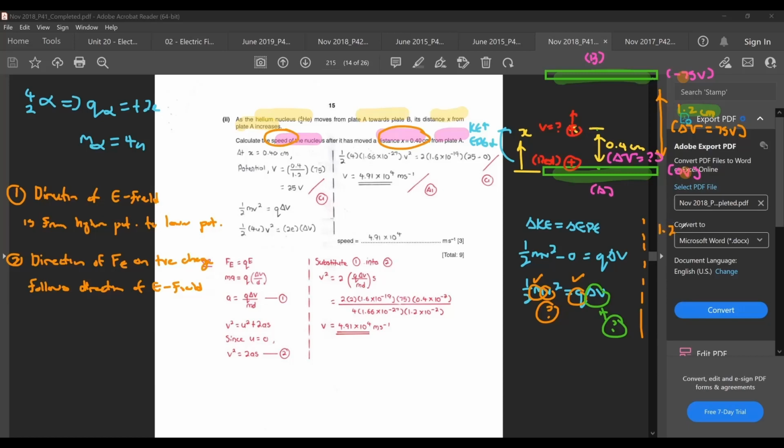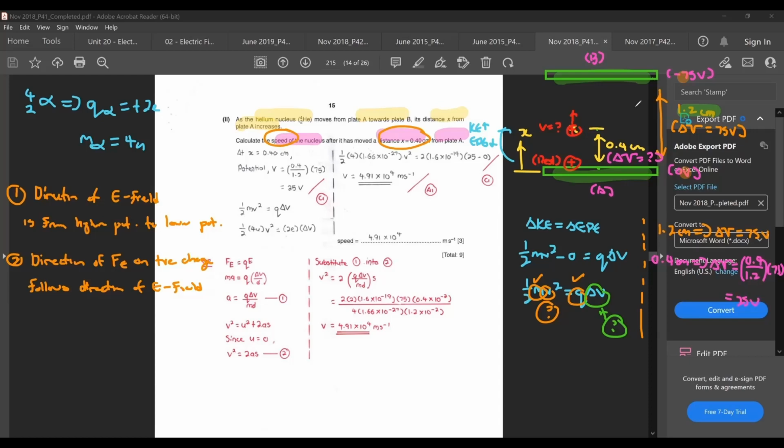If I know that 1.2 centimeter gives me a potential difference of 75 volts, what about 0.4 centimeter then? My potential difference of 0.4 centimeter would be 0.4 divided by 1.2 times 75, giving you 25 volts.